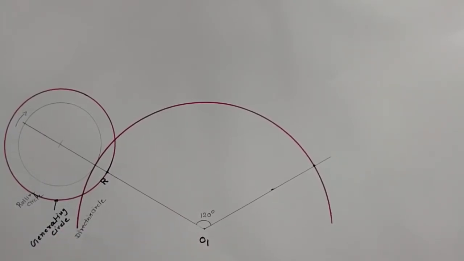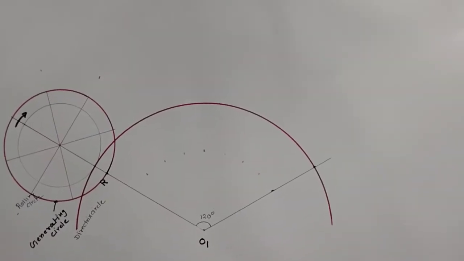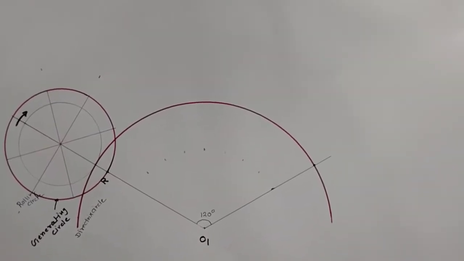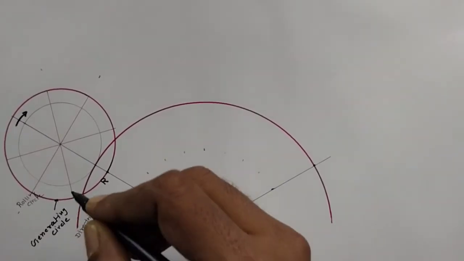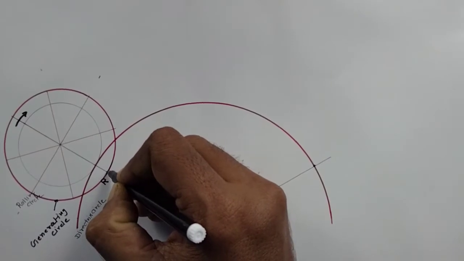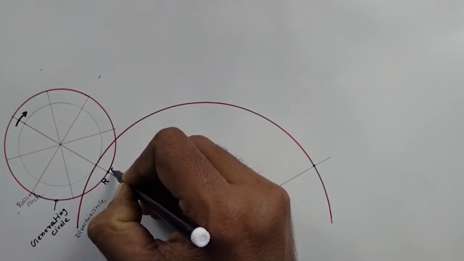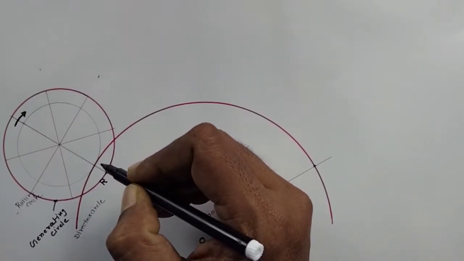So now we divide our rolling circle and generating circle in 8 parts as usual. Now divide your generating circle in 8 parts. I mark this as my starting point 0.